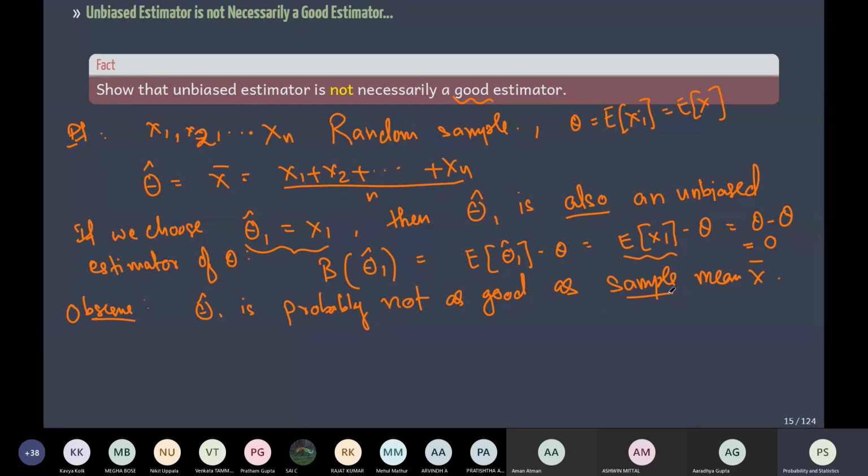So we need something more than just the unbiased estimator, because the way we have defined the random sample, just being an unbiased estimator is not a good thing. We need other measures to ensure that the estimator is a good estimator.